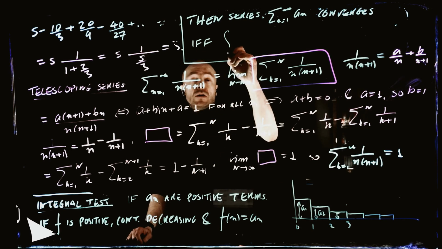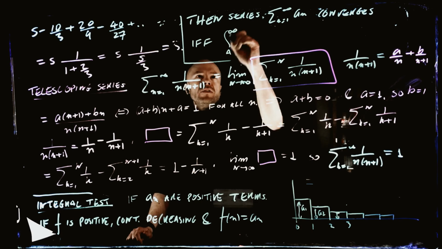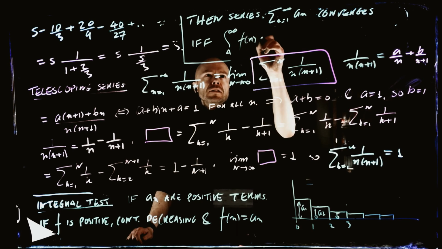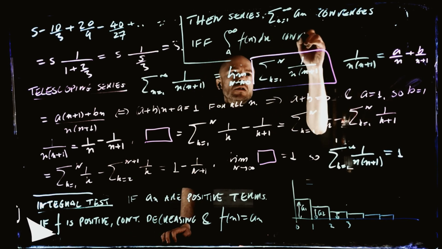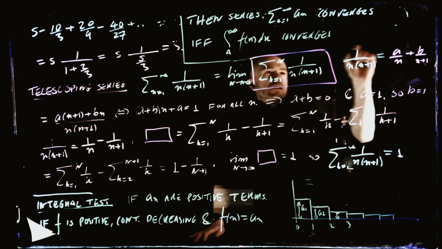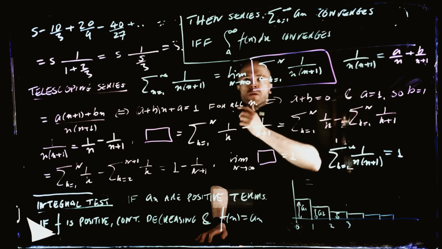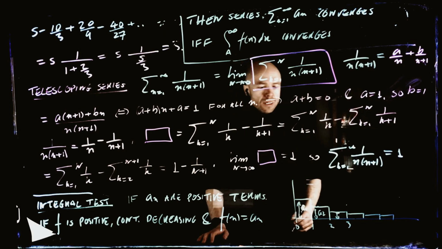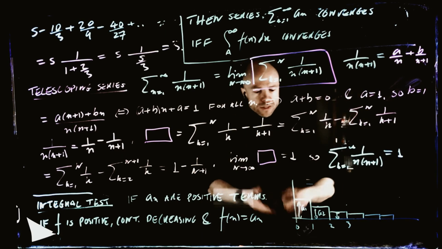Let's start from number capital A to infinity, f of x dx converges. Because this stuff is about what happens as we let things go to infinity, so we don't actually care where we start from, right? And this is an easy theorem because it just follows from the picture, right?